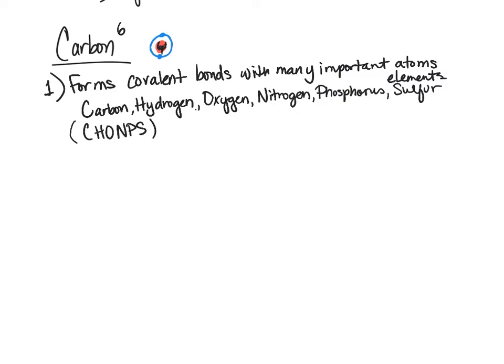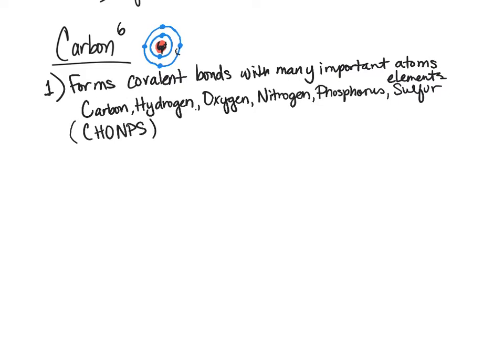That also means that we have 6 electrons. So in our first shell, we have 2 electrons. And then the next shell, we have 3, 4, 5, 6. So we have 4 electrons in the outer shell of carbon.